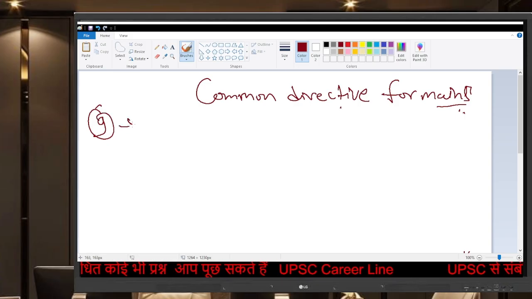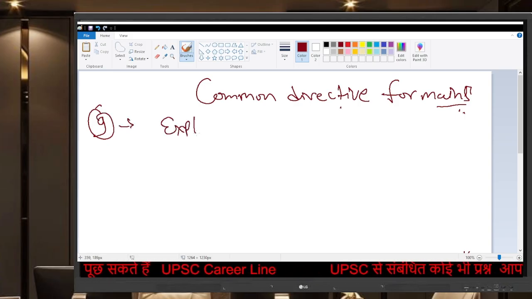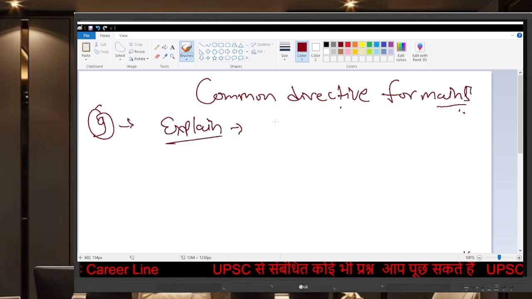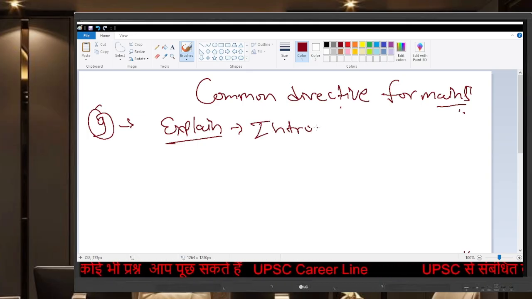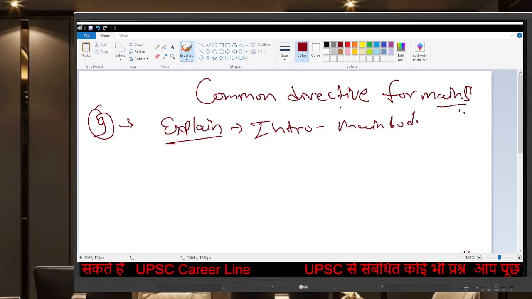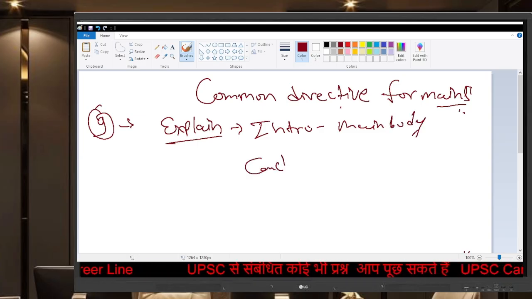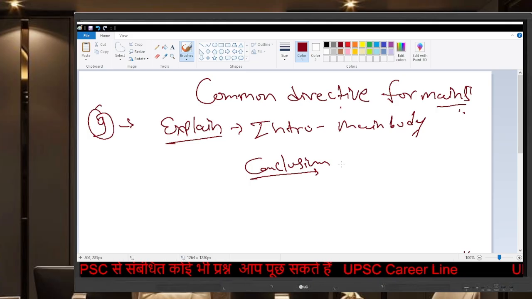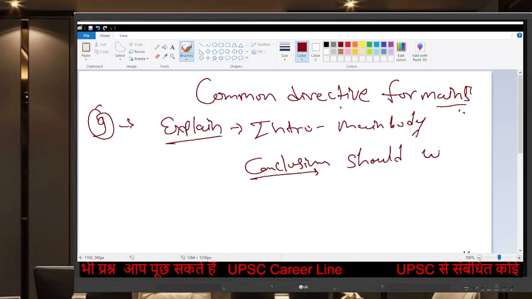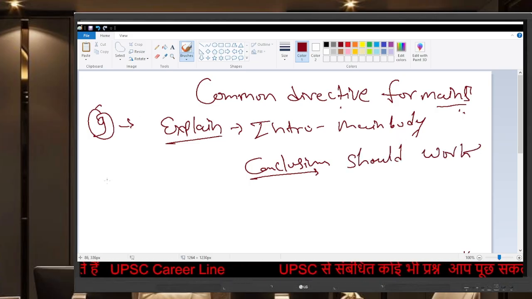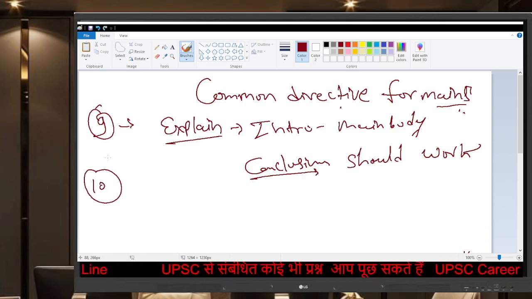Ninth common directive is explain. Introduction, main body, and conclusion should work. Again, the 10th common directive is elucidate.